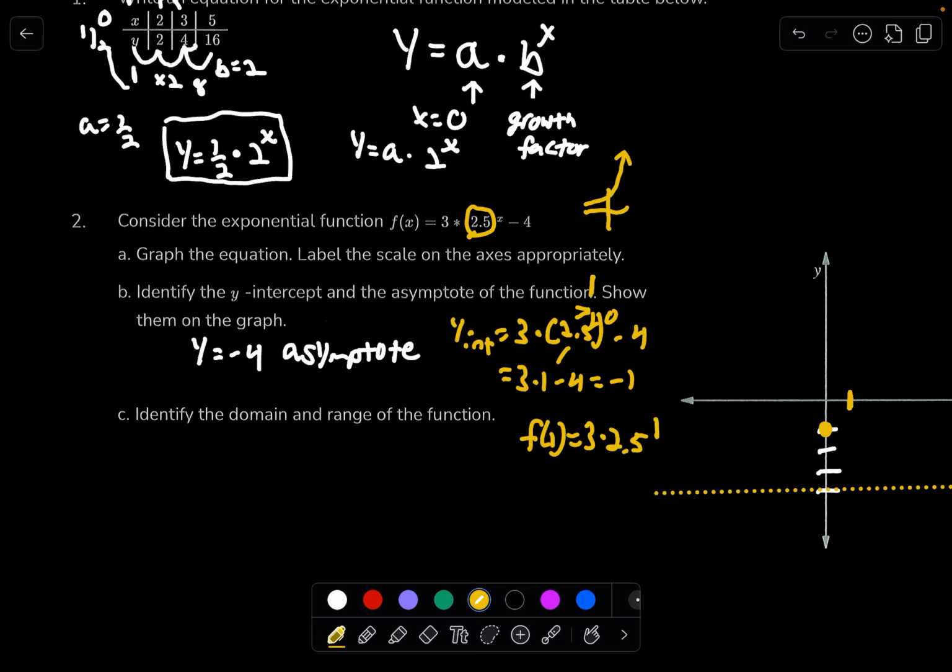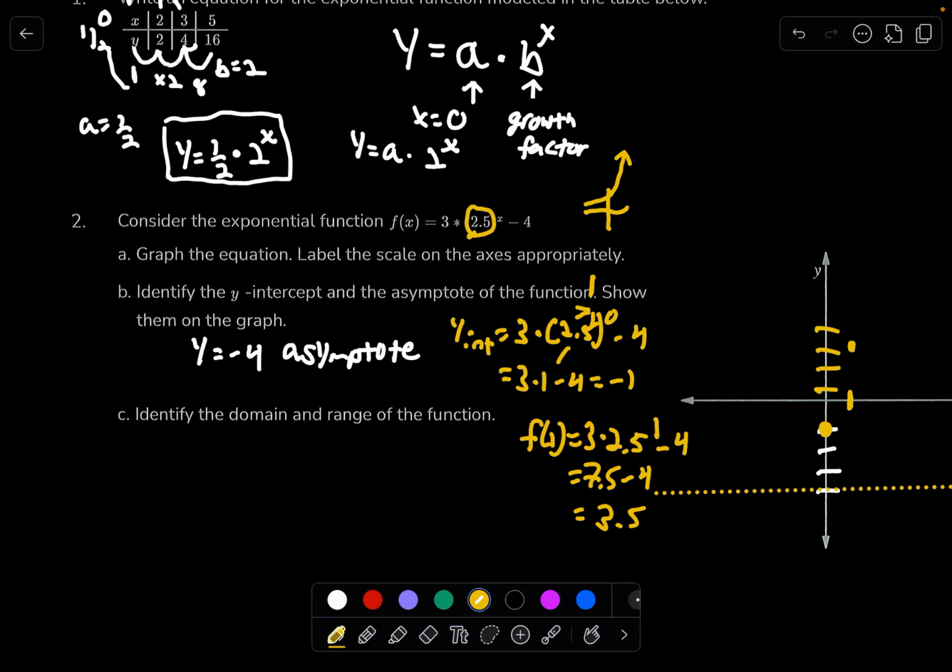Use a calculator, guys. I want to do it without. 2.5 to the first is 2.5. 3 times 2 is 6, 3 times 0.5 is 1.5. So that's 7.5 minus 4, which equals 3.5. So when x is 1, we're right here in the middle at 3.5.